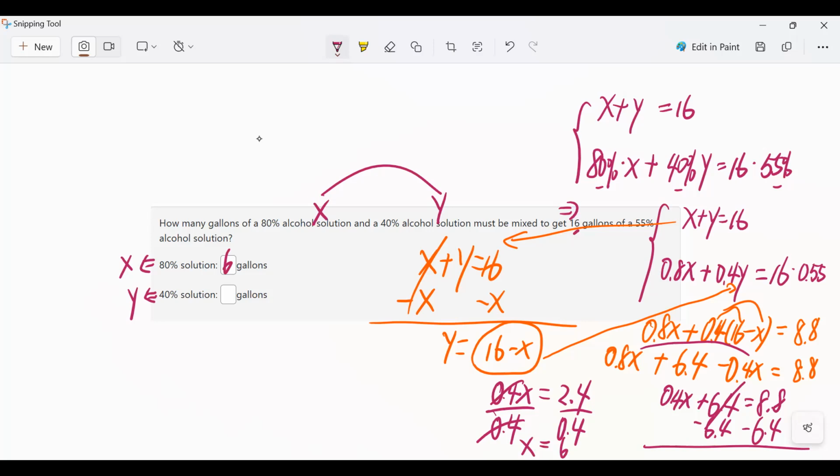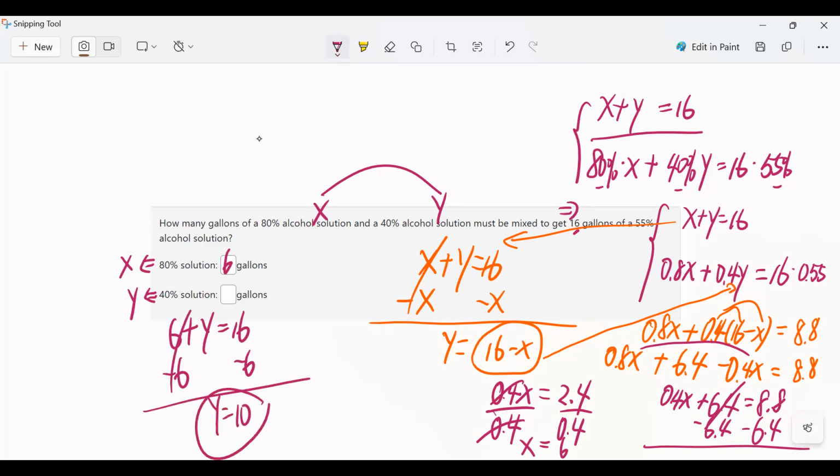And once you find out the x value, then we can find out the y value from the initial equation. So 6 plus y equals 16. Subtract 6 from both sides of the equation, then y equals 10 gallons of 40% alcohol solution. 6 and 10. Okay. Any question about this?